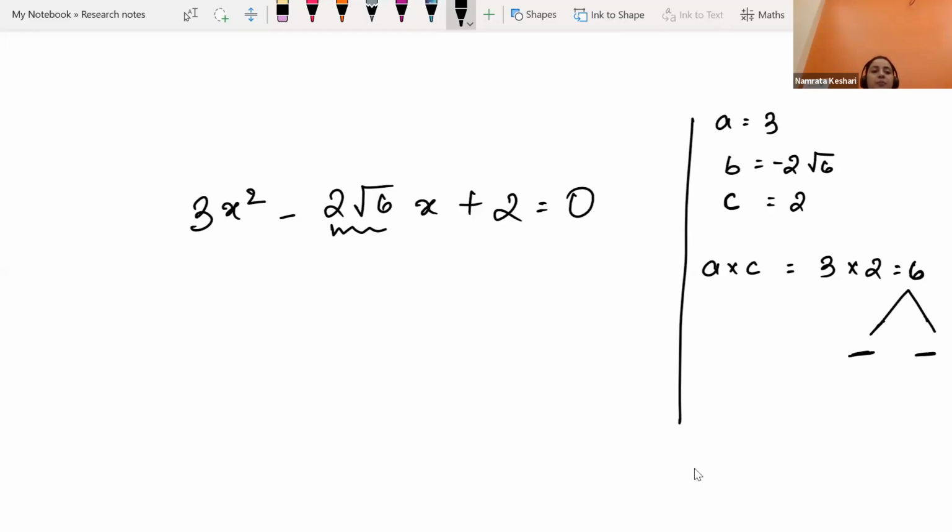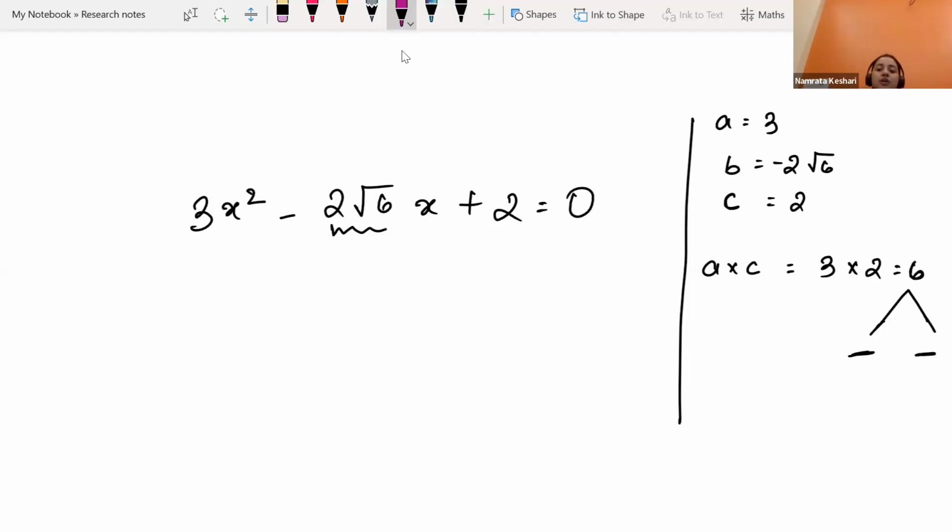I think one of the factors will be root 6. Yes, one of the factors will be root 6.